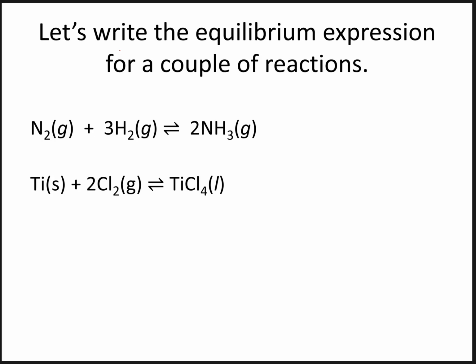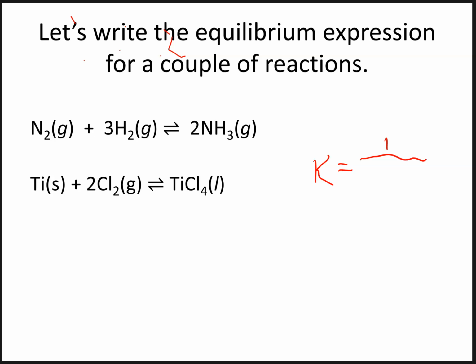Okay, so for this reaction involving titanium and chlorine gas, what we'll do is we'll say the equilibrium constant. Since this involves multiple phases, we'll just call it K, equal to the products, TiCl4, which is a liquid, and so we don't include liquids in the expression, so we have nothing to put in our numerator, so we just put a 1. And then we do our reactants in the denominator.